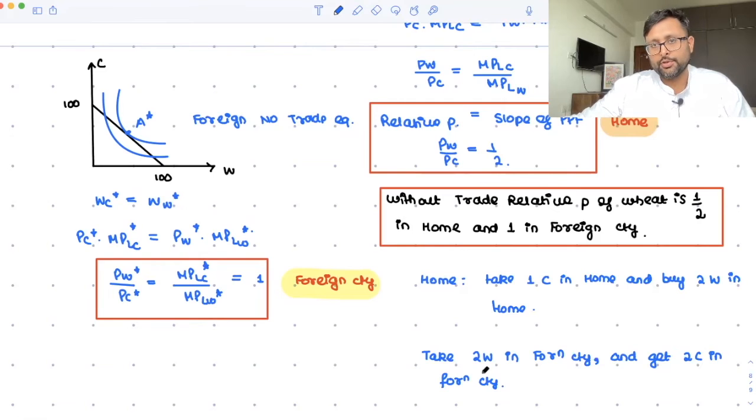This is what you call as arbitrage. So what you are doing is basically that you are exporting wheat from the home country, and you are importing cloth from the foreign country.